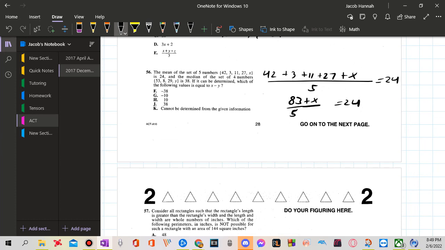So 5 times 24, that's 120, is equal to 83 plus x. x is equal to 120 minus 83, so that's 37.